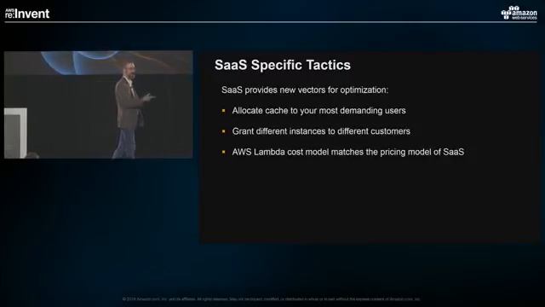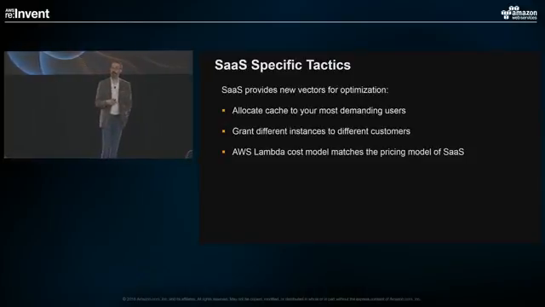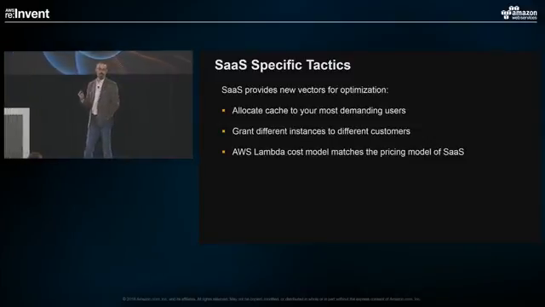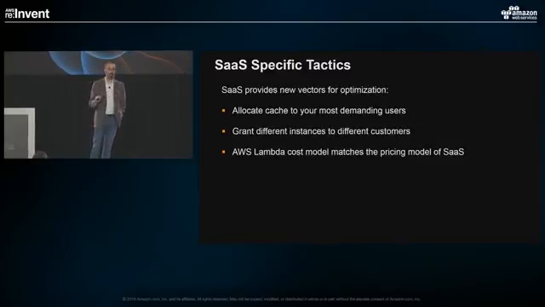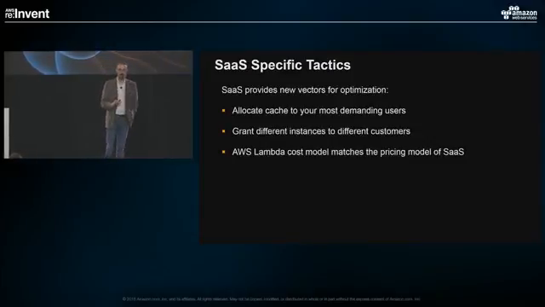You can allocate cache to your most demanding or most important customers. You can grant different instance types per client, maybe depending upon their customer tier, right? Or their demand or the time of day or how much they pay, et cetera. And all that can happen in the background. The customer might not even be aware of that.